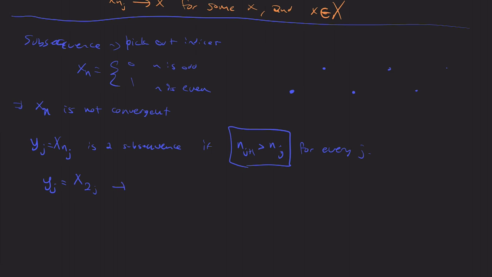So this subsequence would say when we're even. We're picking y1 is x2, which is 1. y2 is x4, which is 1. y3 is x6, which is 1, and so on. So this sequence would actually look like 1, 1, 1, 1, 1, and so on.